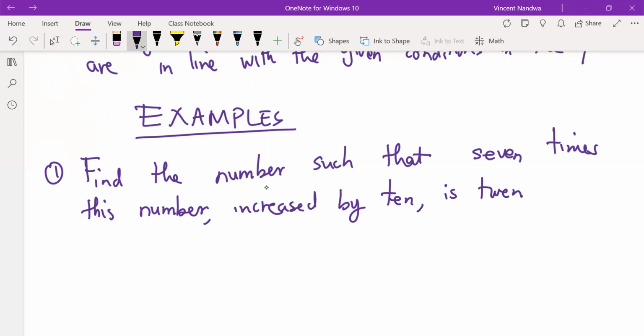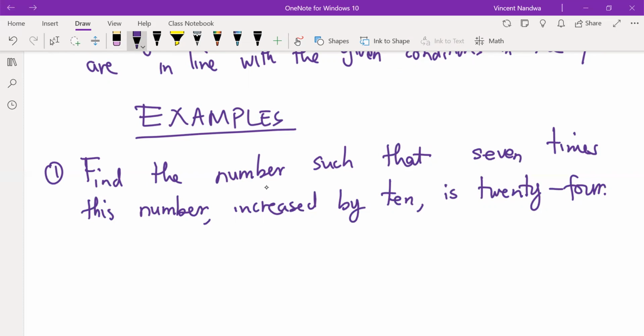So the question is interested in finding a number such that when this number is multiplied by 7, and then we increase the value by 10, finally we end up with 24.